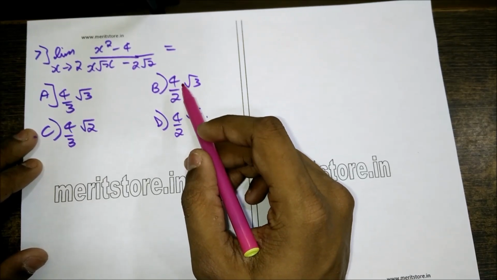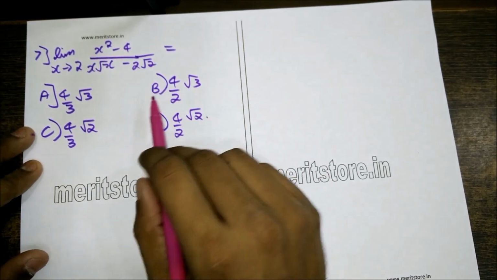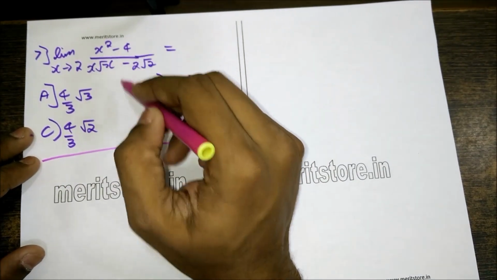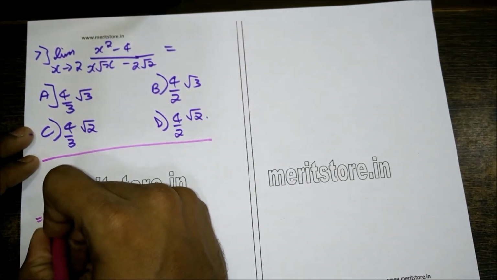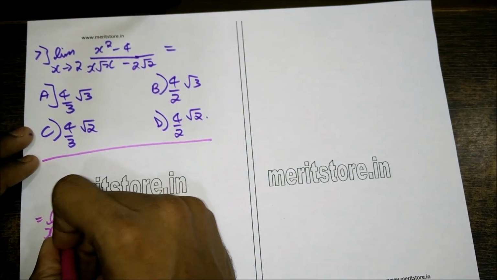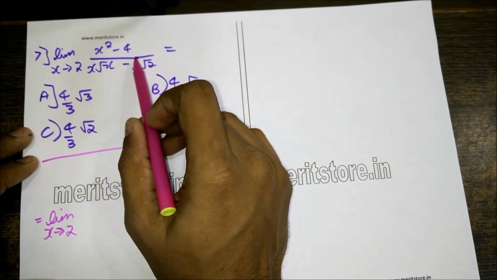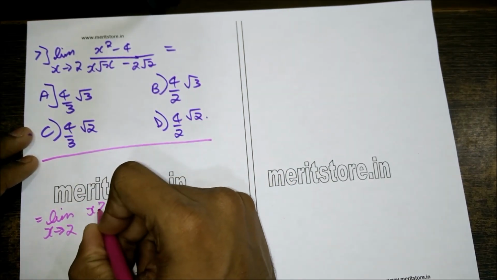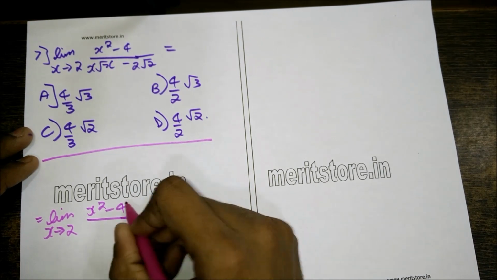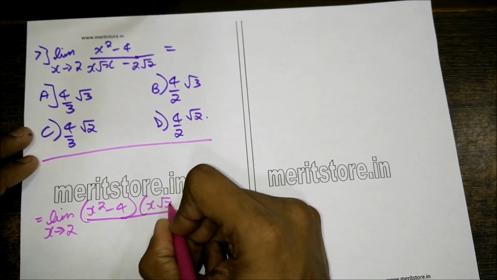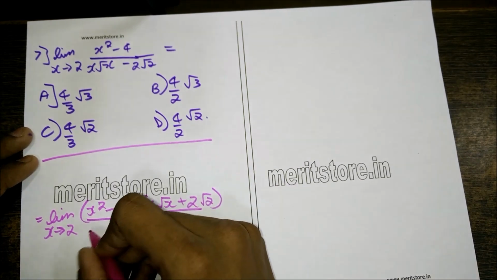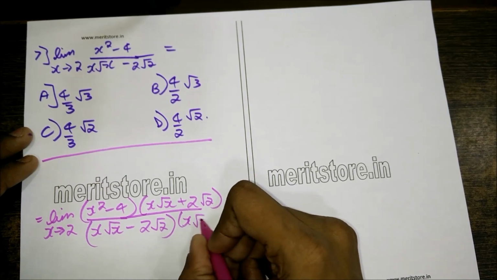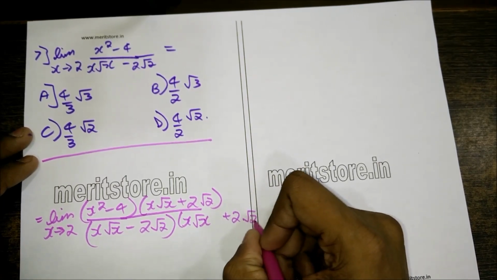Now we know this is in 0 by 0 form, so therefore we could write limit of x tends to 2, and we multiply and divide by the conjugate of the denominator, giving us (x square minus 4) into (x root x plus 2 root 2) upon (x root x minus 2 root 2) into (x root x plus 2 root 2).